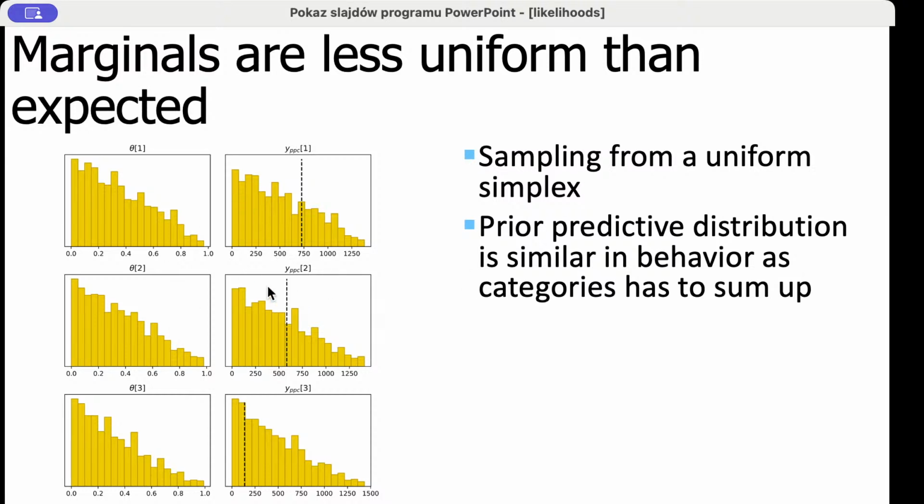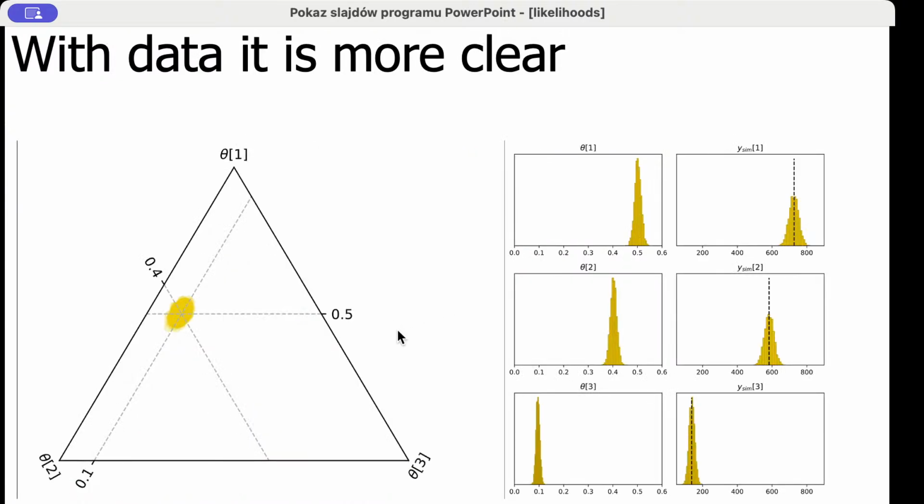Here we have the sampled values, generated using the prior predictive distribution, the appropriate values of number of votes for each of those candidates.